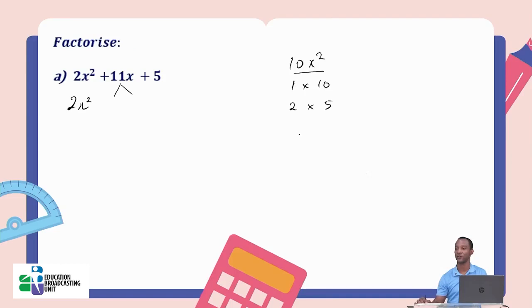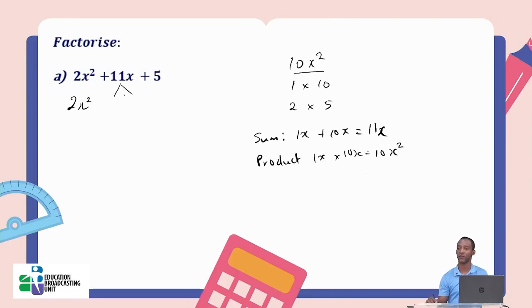Now we have to ensure that we're using 1x with 10x. So 1x plus 10x will give us the middle term 11x, and that we refer to as the sum. And the product of those same two terms, 1x times 10x, will give us 10x squared. So this method is really what people generally refer to as the sum product method.